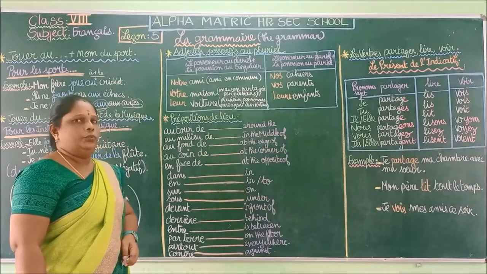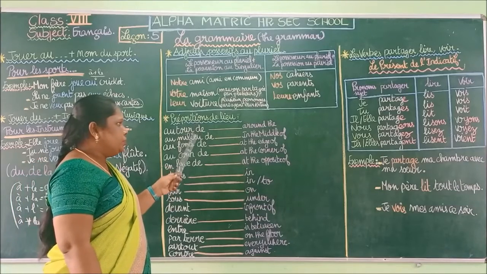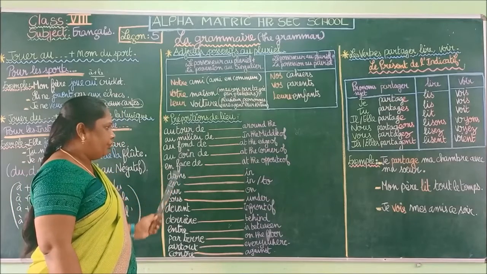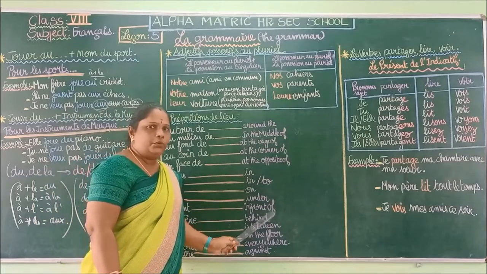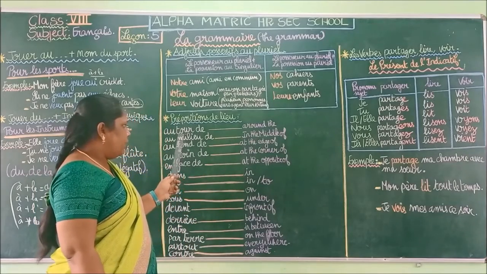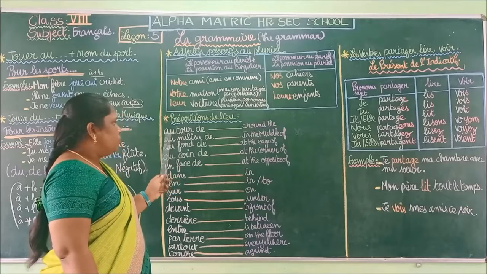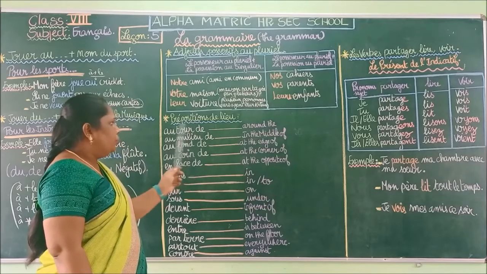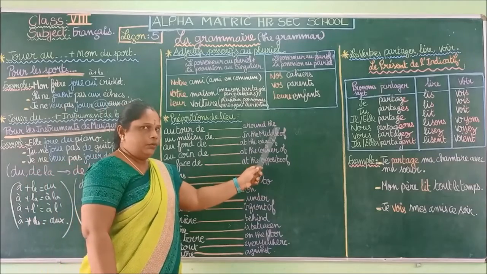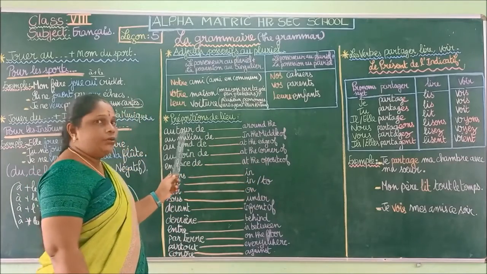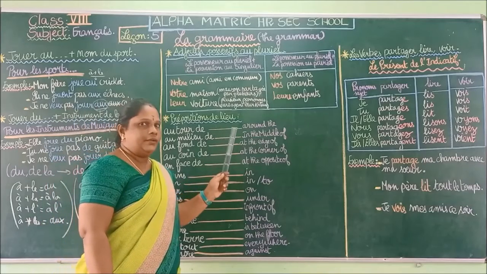Préposition de lieu. So préposition de lieu, here I have written in French. You have the meaning in English. So you are going to take your book, open to the page, the grammar part that we are following. So autour de. Autour de, that is around the. So we saw around the garden. Okay.